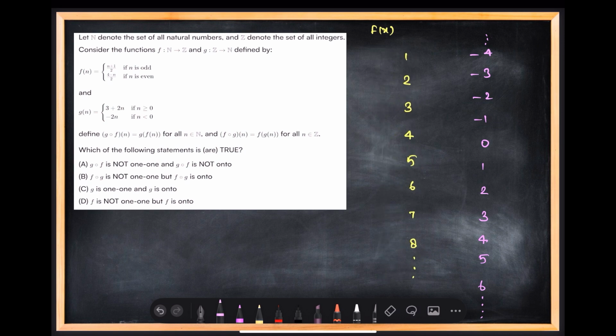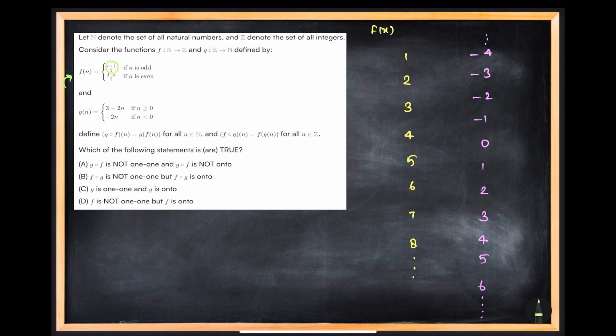So this is your function f. We will talk about it. So who is f? Look, if n is an odd number, the answer is this. Suppose 1. If I am taking n as 1, we will have 1 plus 1, 2, divided by 2 is 1.